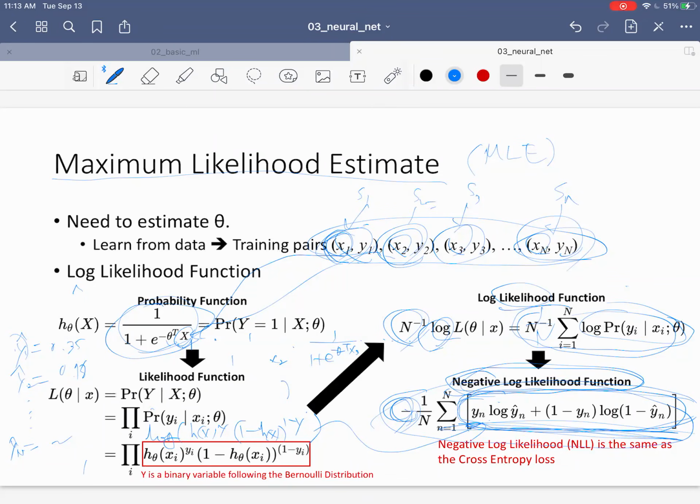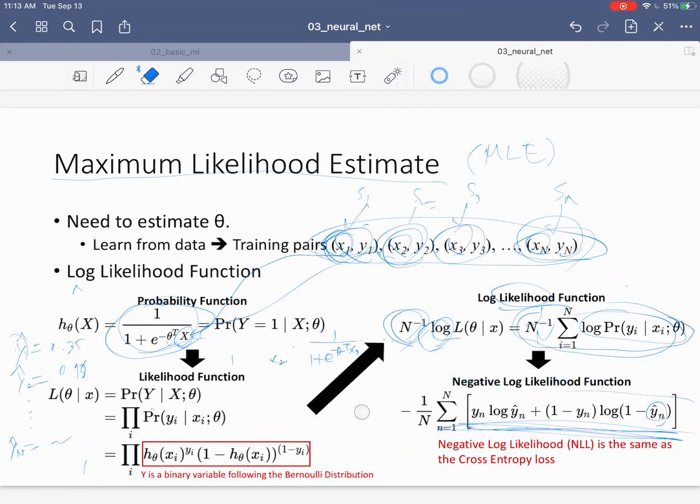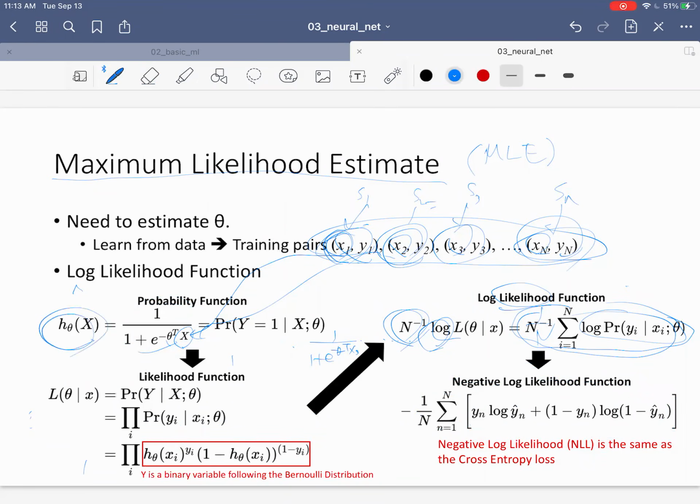So here we have y hat n and y hat n here. Your h theta x, the function's output, will go here, and also here, and your yn is given from the data.